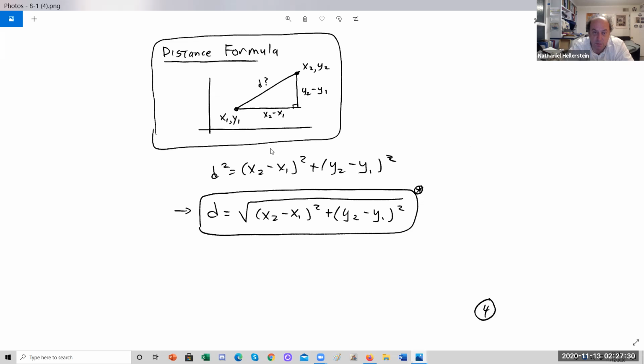We have the triangle. So d squared equals (x2 minus x1) squared plus (y2 minus y1) squared. And so solving, d is the square root of the sum of the squares of the differences of the coordinates. That's four ofs in a row. Square root of sum of squares of differences of coordinates. Anyhow, that's the formula.